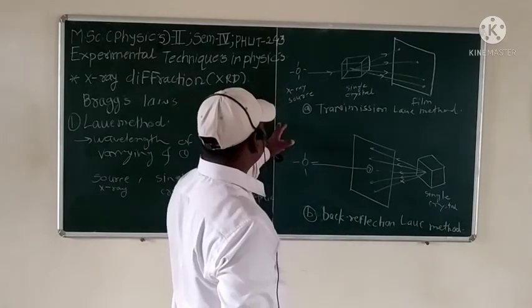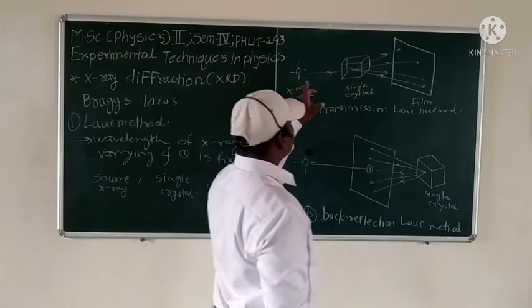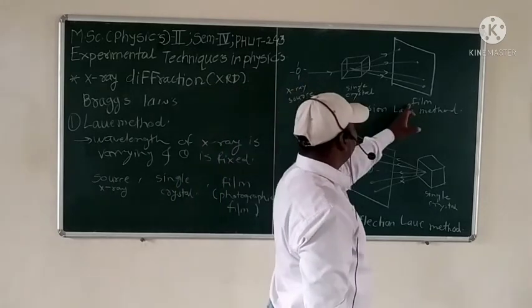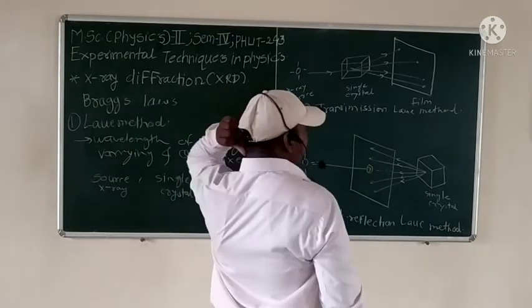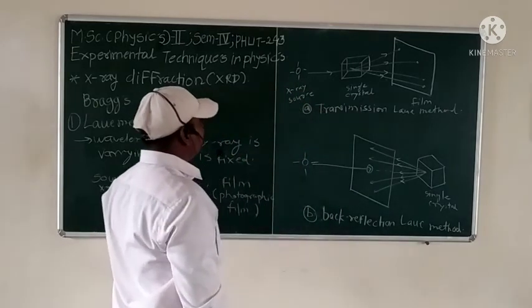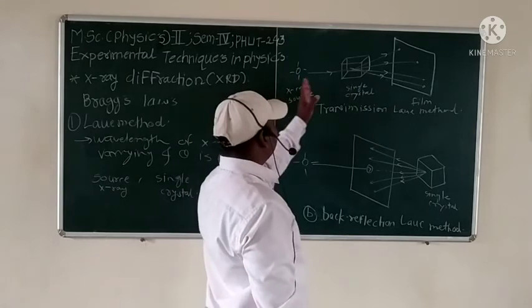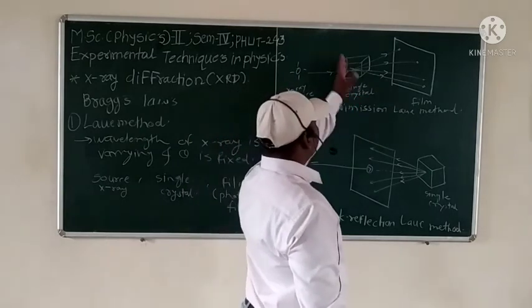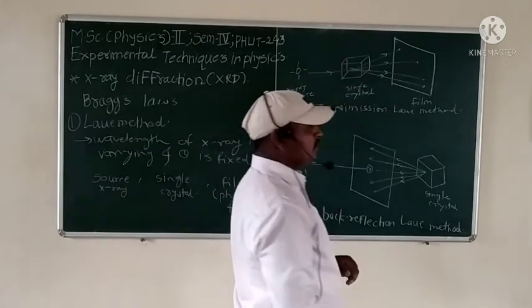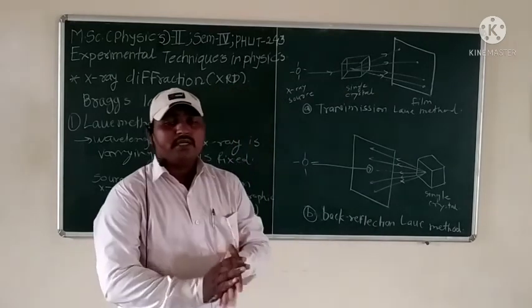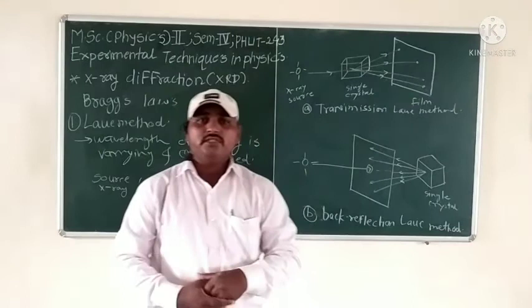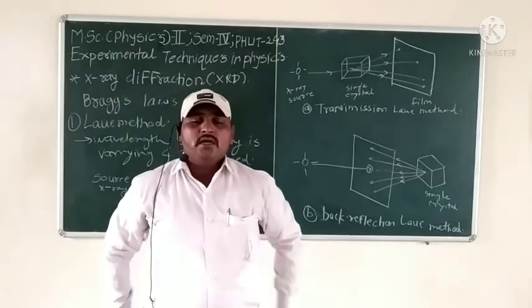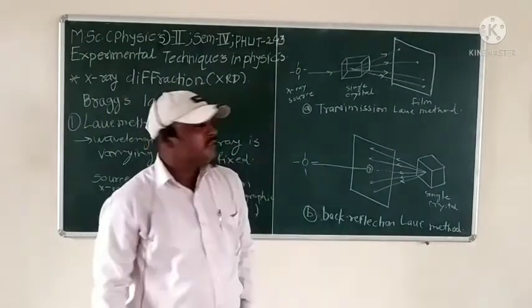In the first case, we have put the X-ray source, single crystal and film in series as shown in the figure. Here, the crystal has different planes, and for each plane there is a periodic arrangement of atoms.